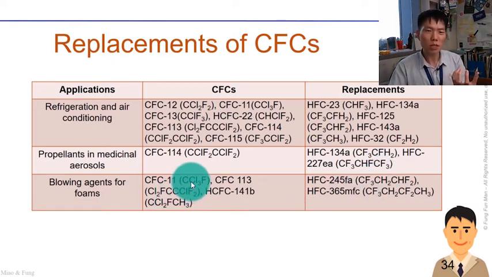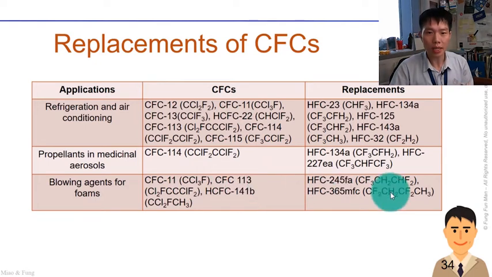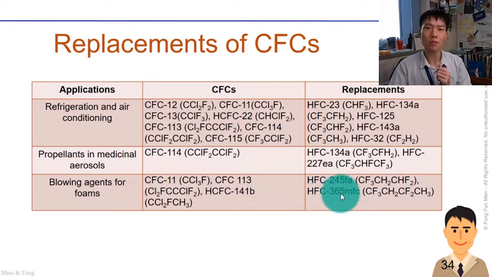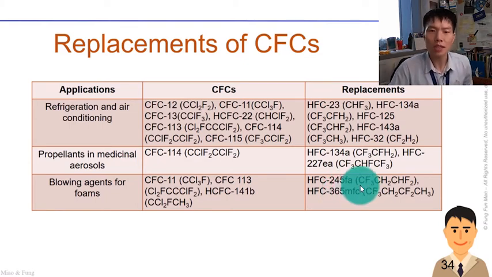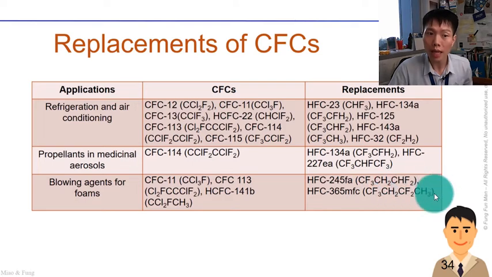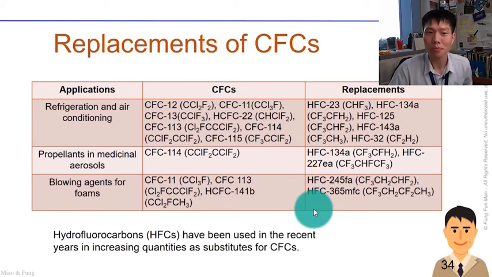If we just replace it with CF4, it might not work. Look at this replacement, HFC-365mfc. It doesn't mean the whole year, not the number of days. We have 5 atoms of fluorine hovering around 4 carbon atoms, as a replacement for this 2-carbon chlorofluorocarbon.